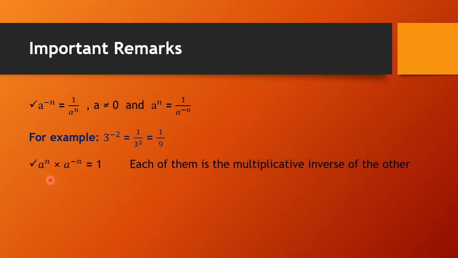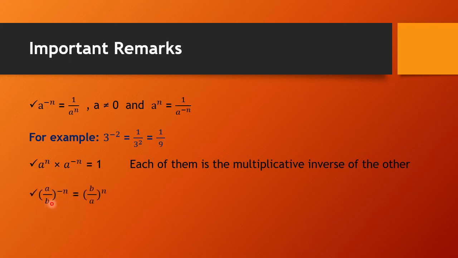A power n times a power negative n equals 1, because each of them is the multiplicative inverse of the other. When multiplying any number by its multiplicative inverse, the result will be 1.